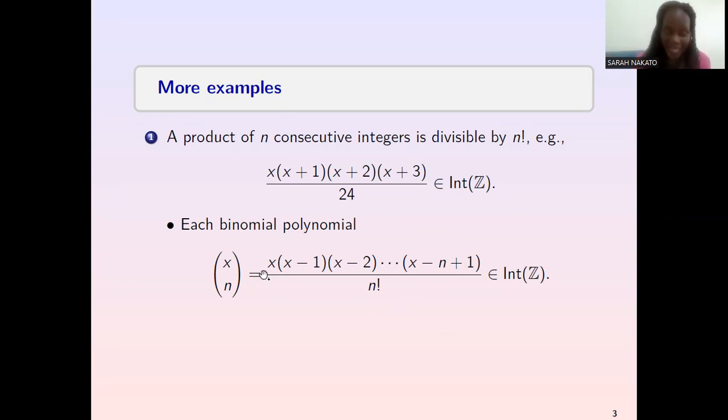Actually these binomial polynomials are very special in Int(Z) because they form a Z basis of Int(Z). In particular, every integer valued polynomial can be written as a Z linear combination of binomial polynomials. And the converse is also true: when I take a linear combination of binomial polynomials, I get an integer valued polynomial.